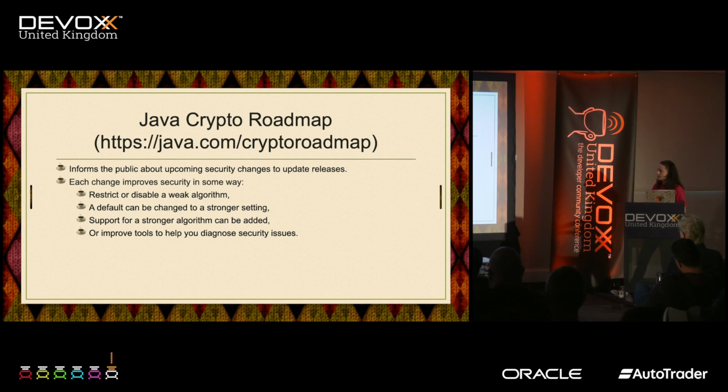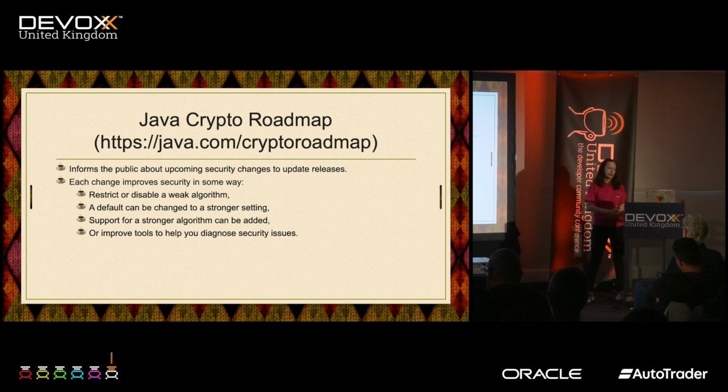Now, this Java crypto roadmap concerns most of the time JDK security changes for the Oracle JDK release. However, other vendors also have their own crypto roadmap that most of the time aligns with this one, because, especially when it comes to restricting algorithms, it's better to be prepared.